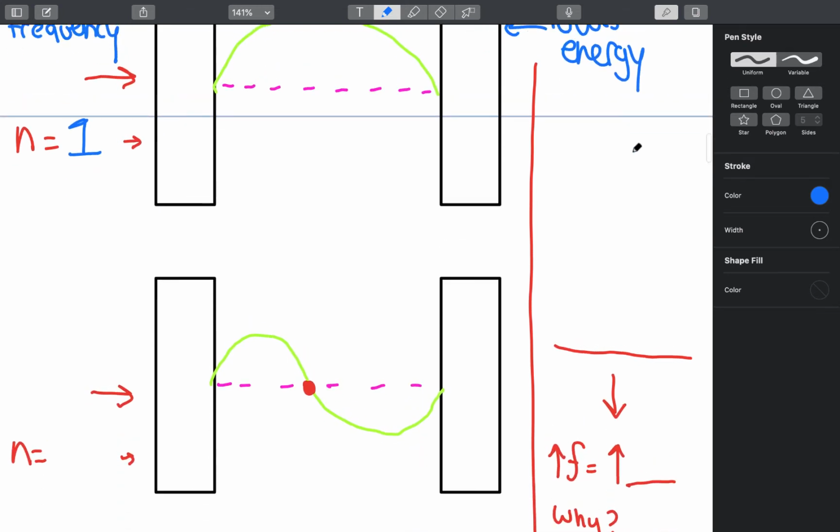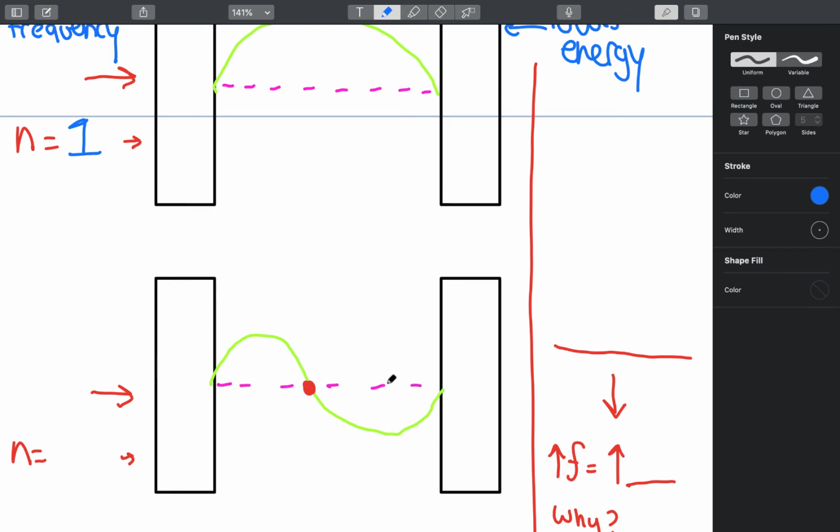So let's look at the next figure here. As you can see, this next figure has clear differences from the first one. The main difference here is this point of intersection. Now, this line here, the pink line, you may remember from my Properties of Light video, is the equilibrium position.